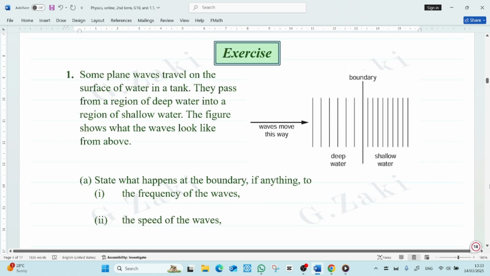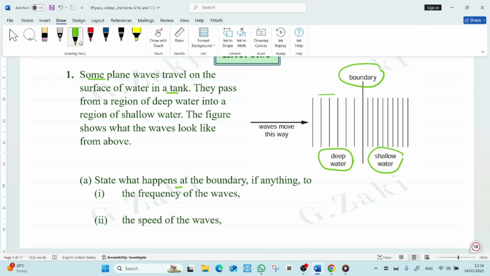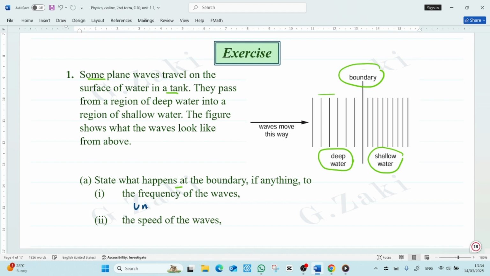exercise. It contains questions from past paper. Question number 1. The frequency is unchanged because the frequency depends on the source of wave. Then the answer of this part is unchanged.